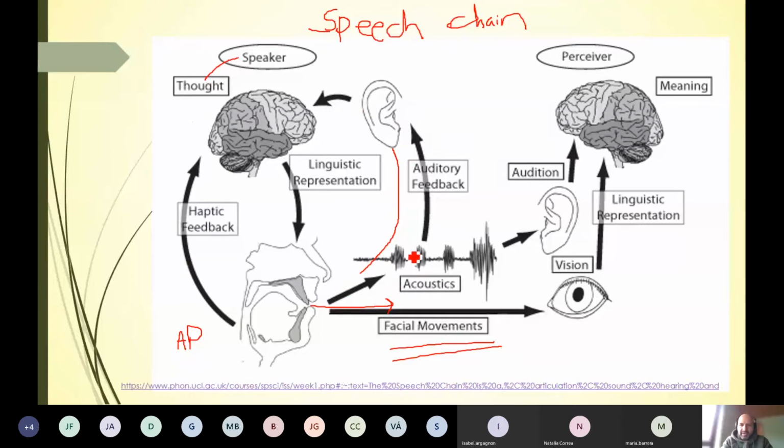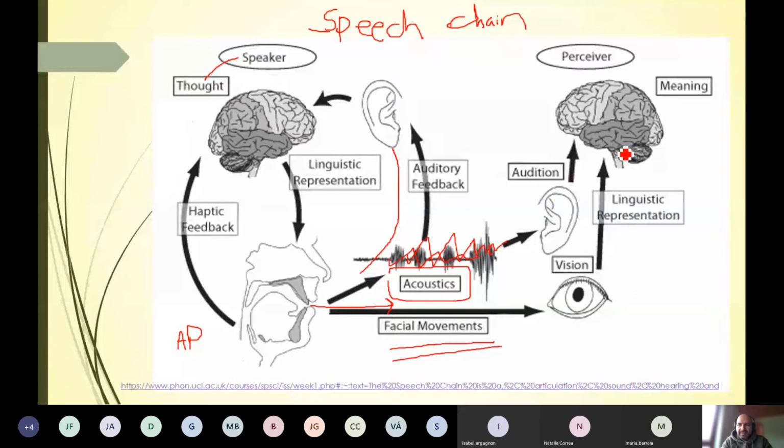And so these sound waves travel through the air, which is something that is dealt with by acoustic phonetics. And then finally, the sound waves reach the listener's ears.